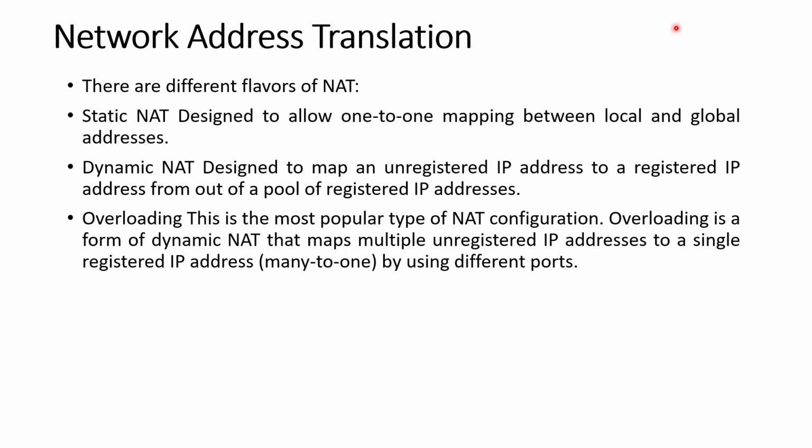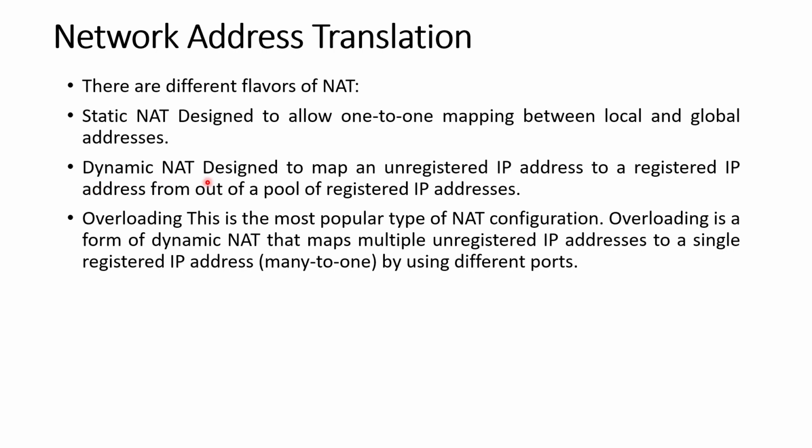It is a one-to-one mapping. Static NAT creates a direct permanent mapping between a private IP address and a public IP address. This is useful for servers that need to be consistently reachable from the internet, like web servers or email servers.